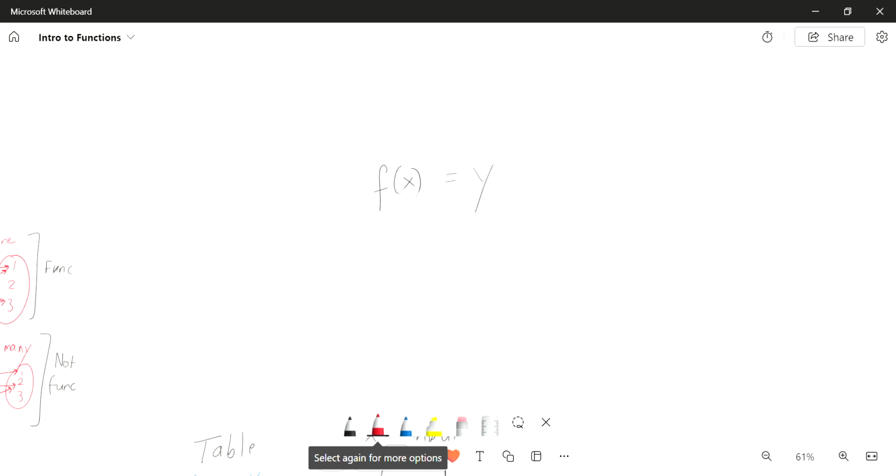You can use y if it's not a function, but f of x means your relationship has to be either one-to-one or many-to-one. And for it to be one-to-one or many-to-one, it has to pass the vertical line test.